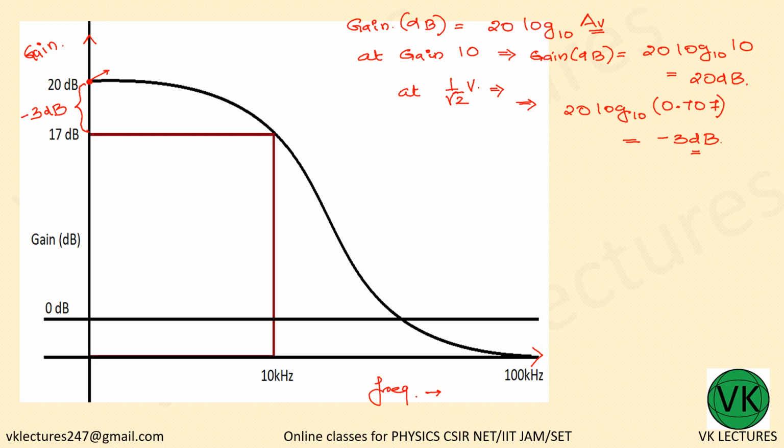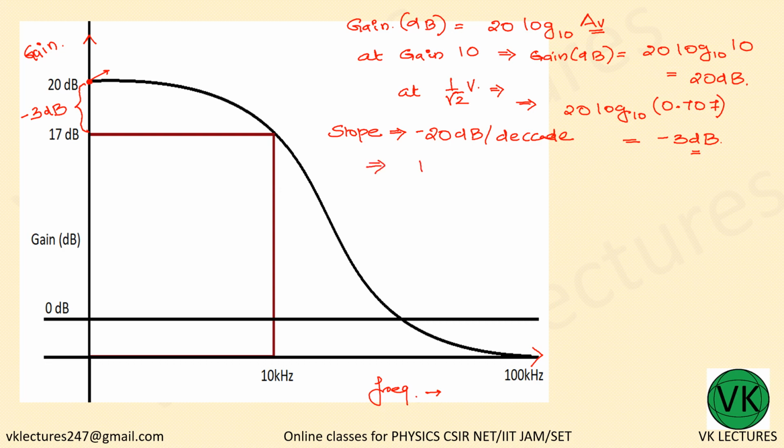Now here you have a slope. The slope is nothing but 20 decibel per decade, that means minus 20 decibel per decade. Now what does this mean?